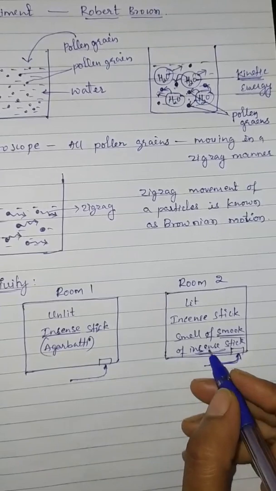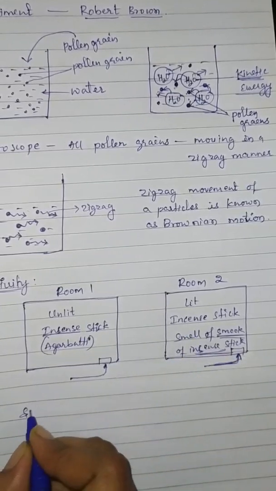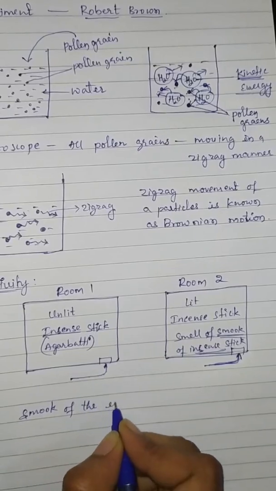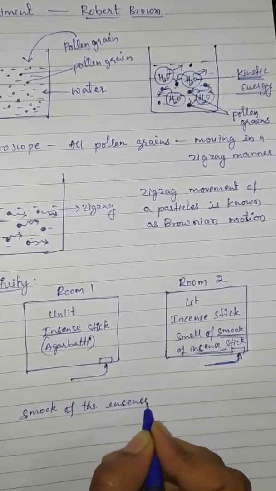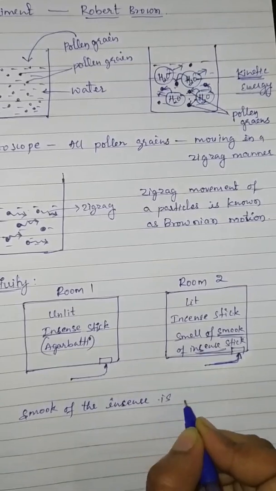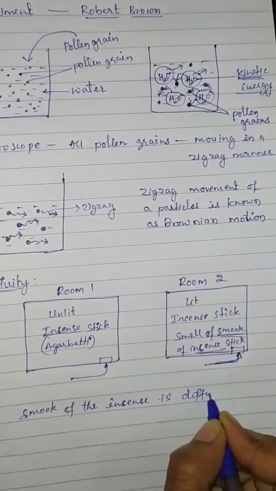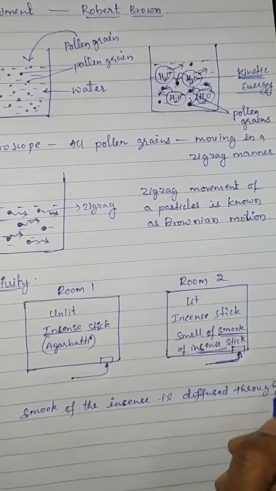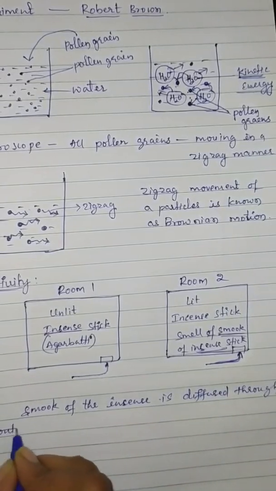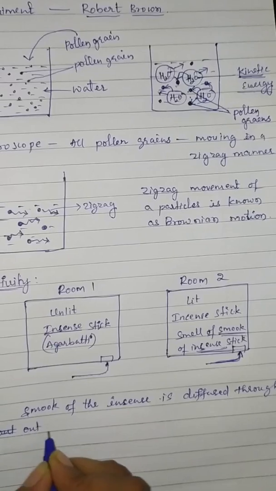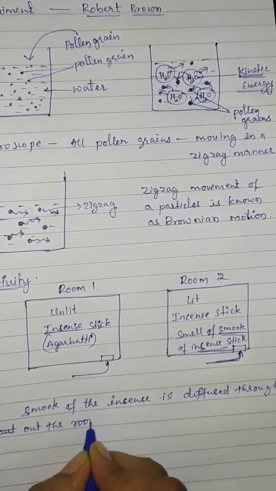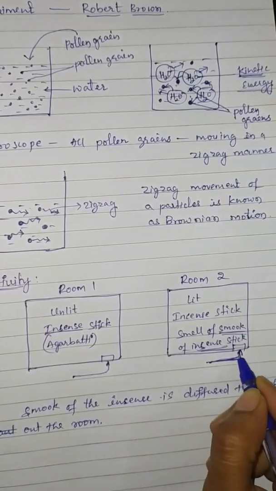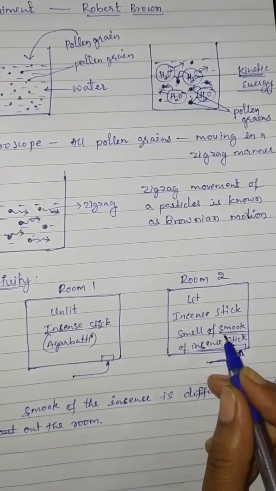Okay, here this smoke of the incense stick is diffused throughout the room. Okay, therefore as soon as I enter this second room I experience the smell of this incense stick.